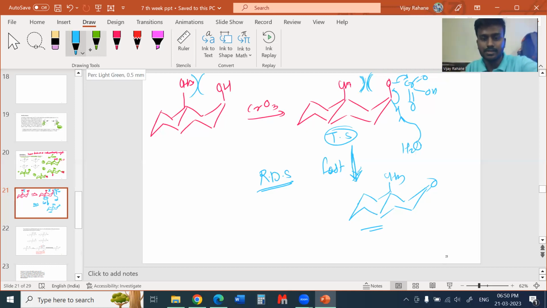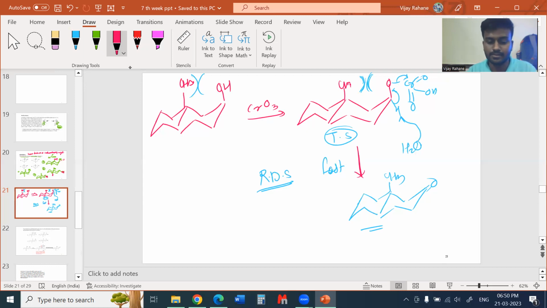So the rate of this reaction is faster, because this step is the rate determinant step, and we know the rate determinant step alone has an effect on the rate of the overall reaction.